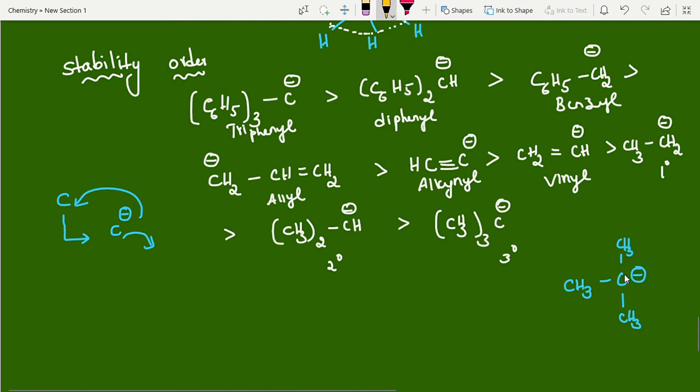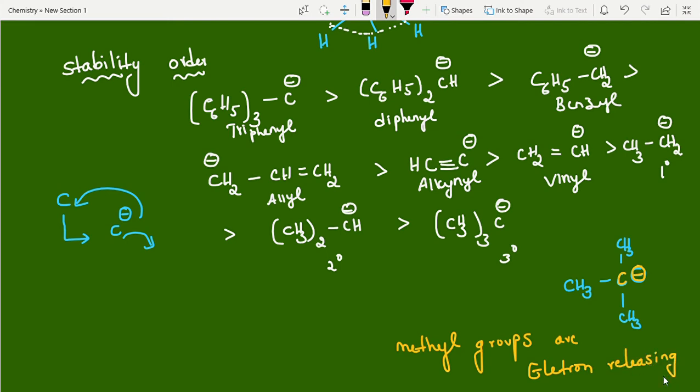So here is carbon C minus. C minus is highly unstable. It will give to someone and get stabilized. But who is someone here? Methyl group. Methyl groups are electron releasing groups. Giving is not the correct word; electron releasing groups.